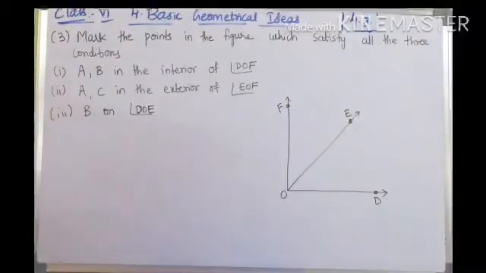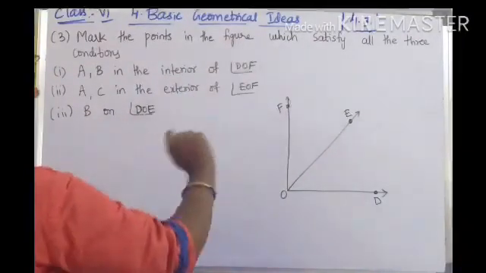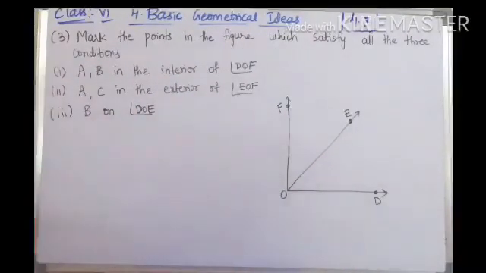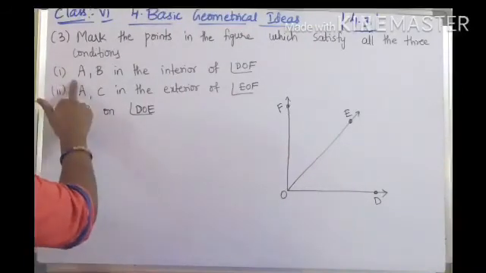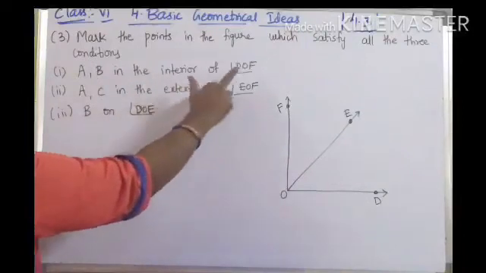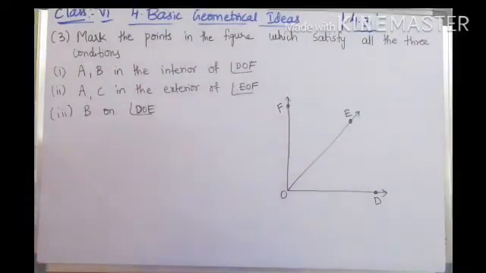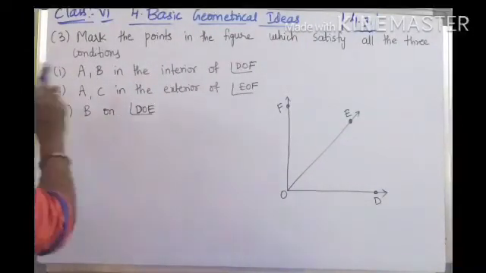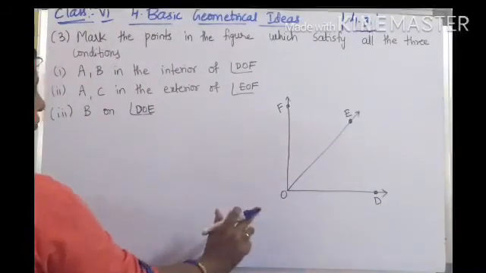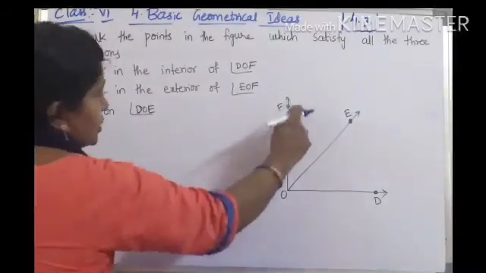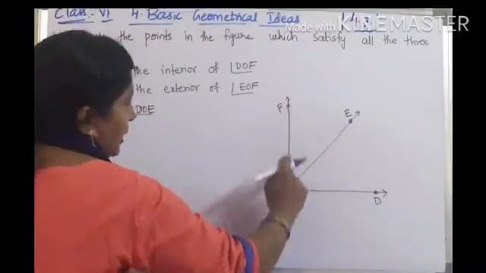Third question: mark the points in the figure which satisfy all the 3 conditions. The 3 conditions are given in the question, children. First one, A, B in the interior of DOF. Here A and B are the 2 points. We should mark them in the interior of DOF. Where is DOF? This full big angle is DOF.